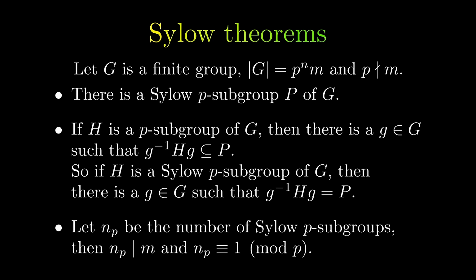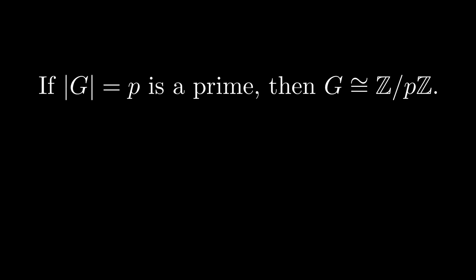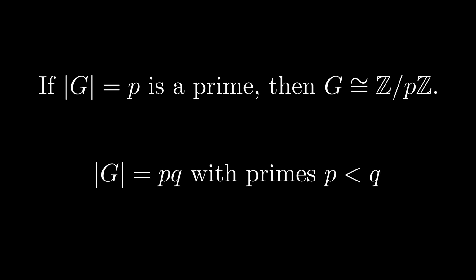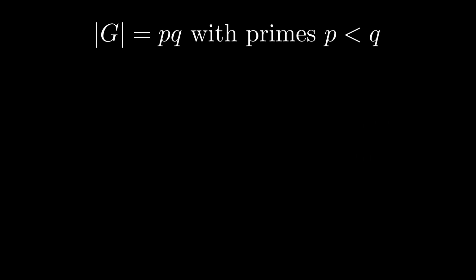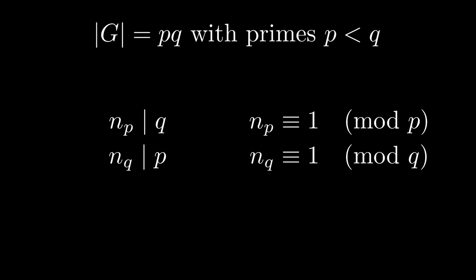We already know that every group whose order is prime is isomorphic to some quotient of the integers. Let's now look at groups whose order is the product of two different primes. Using the Sylow theorems, we get the following statements about the number of Sylow subgroups. Since p and q are primes, the only two divisors are 1 and the respective prime.